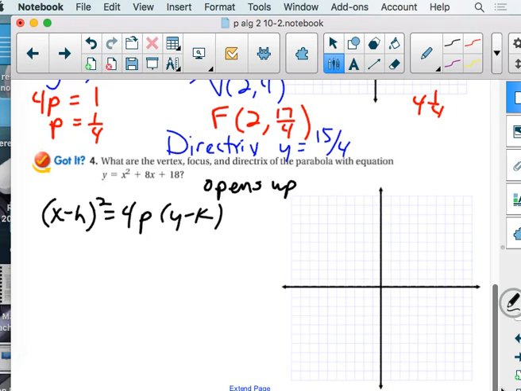So what should we do first with that equation? Move the 18. Sounds like a good thing to try. Worked last time. And that sets us up to do what? Complete the square.